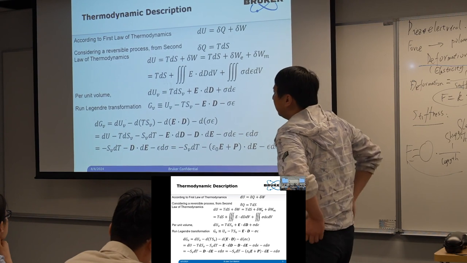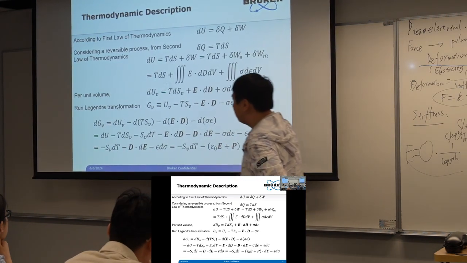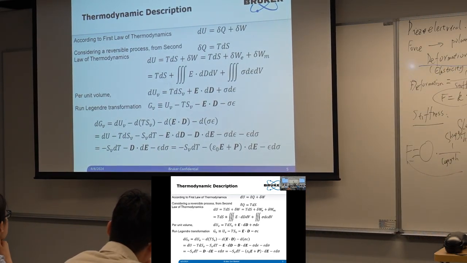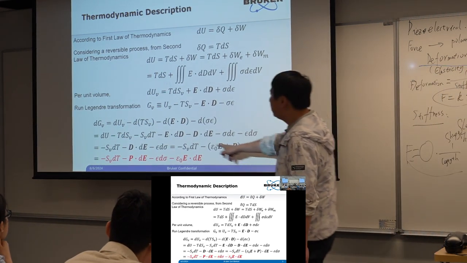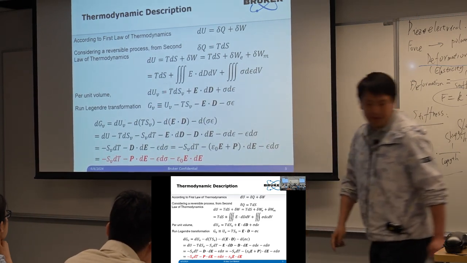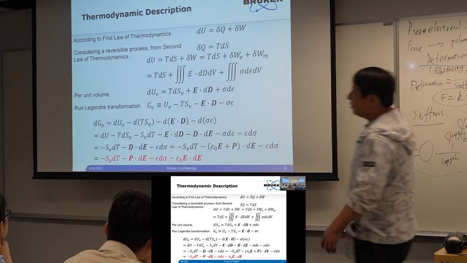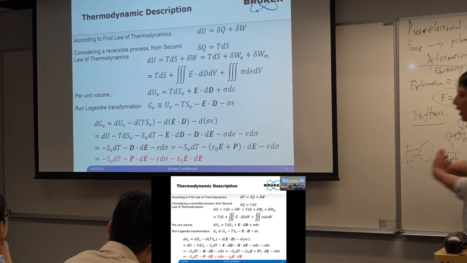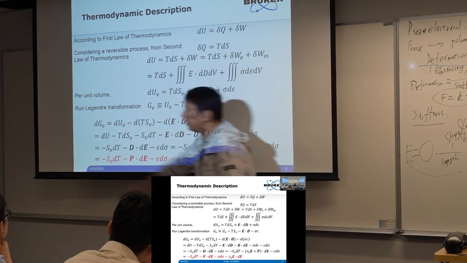So finally, the electric field is under the derivative and the stress is under the derivative. Then we can change the electric displacement to polarization, and finally we get this term. When we get this term, the second step is to take the second order derivative of the Gibbs energy.